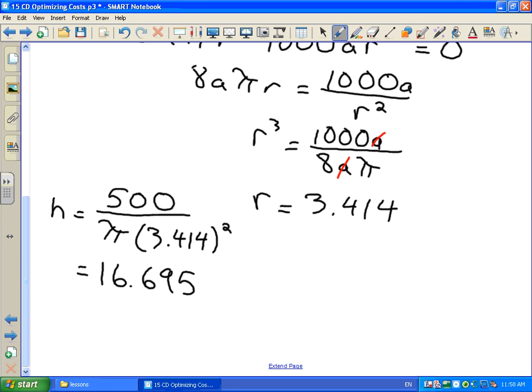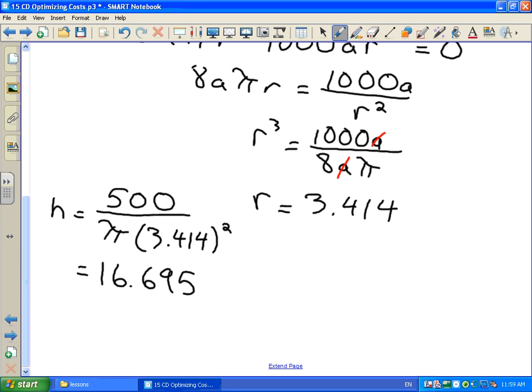So now, what is the relationship between our radius and our height? It was a factor of 2 before. Now it's going to be a factor of, if we divide these two, sorry? 4.89?